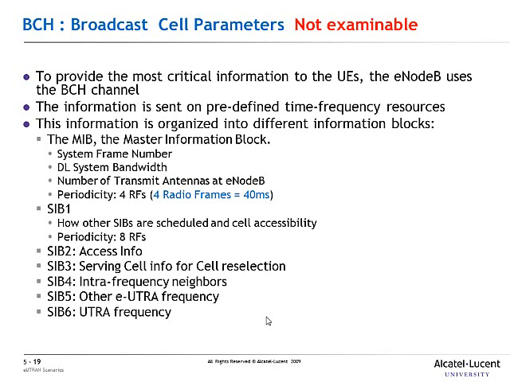I don't expect you to be able to know what's in MIB1, MIB, SIB1, SIB2 and so forth, because when we broadcast information, we have to broadcast different types of information. So information which I classify as not examinable, I don't expect you to know. But the most important thing to know is that there are two types of information that is broadcast.